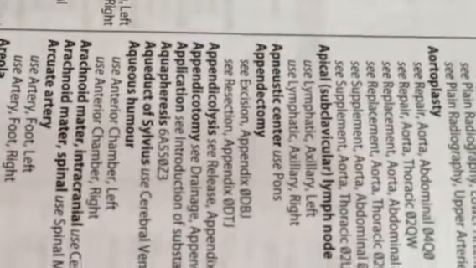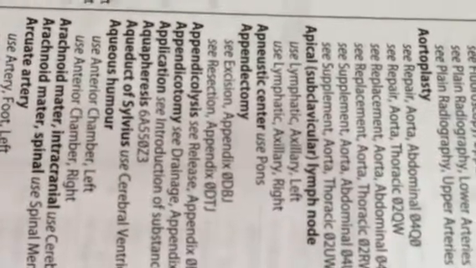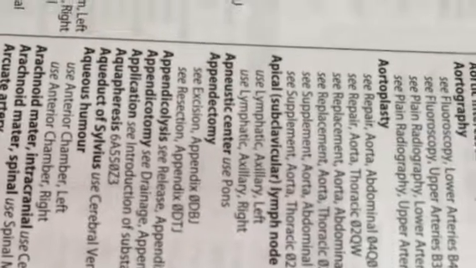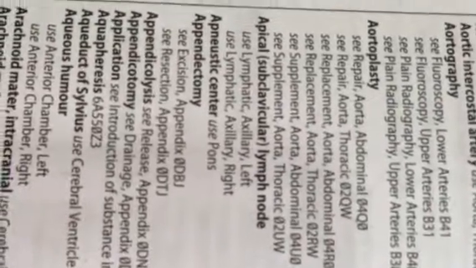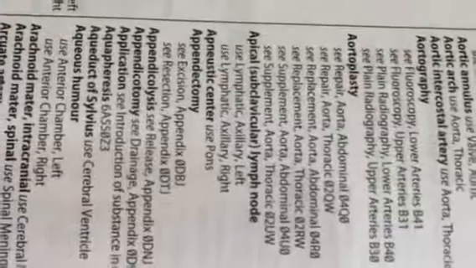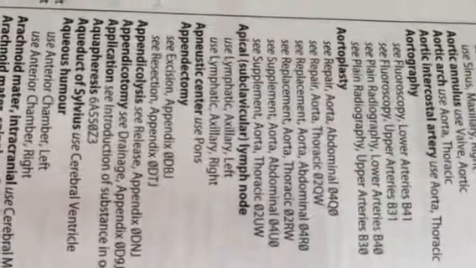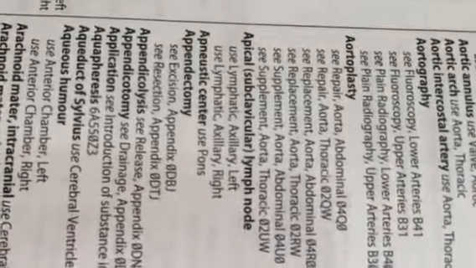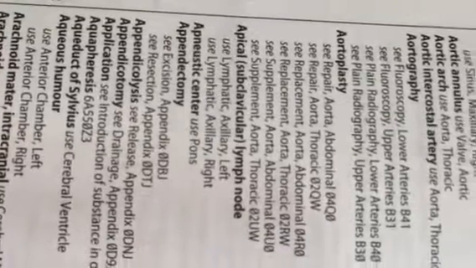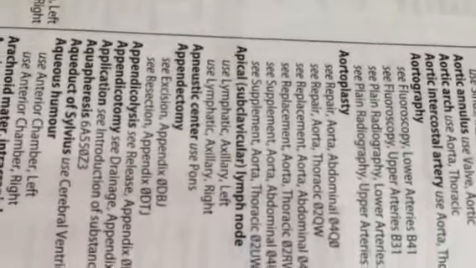If you look in the index and look up the word appendectomy, we're going to see some instructions that we could either reference an excision of the appendix, which is 0DBJ, or we could see resection of the appendix, which is 0DTJ. So depending on if they're taking out a portion of that body part, that would be an excision, versus if they're taking out the whole thing, that would be a resection.